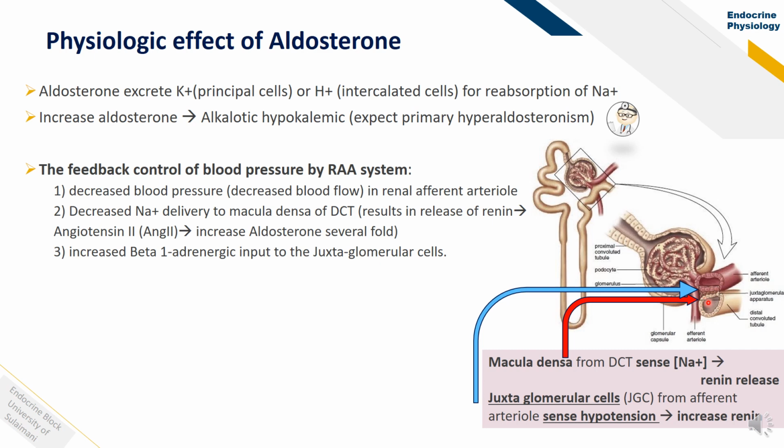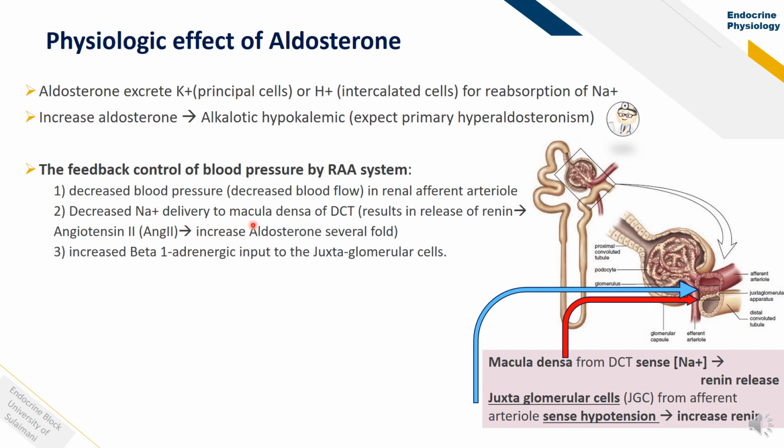Renin is released under 3 effects. One of them is decreased blood pressure: when there is decreased blood pressure, blood flow decreases to the afferent arteriole, and renin will be released.